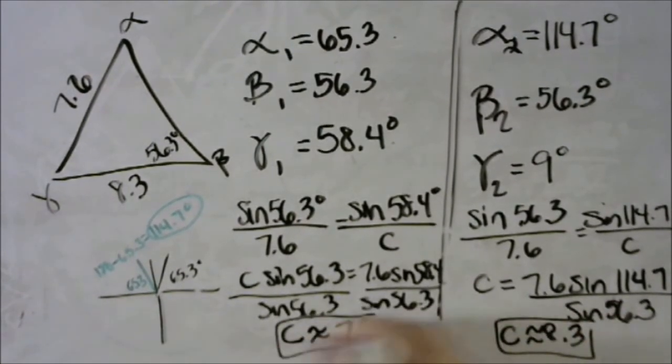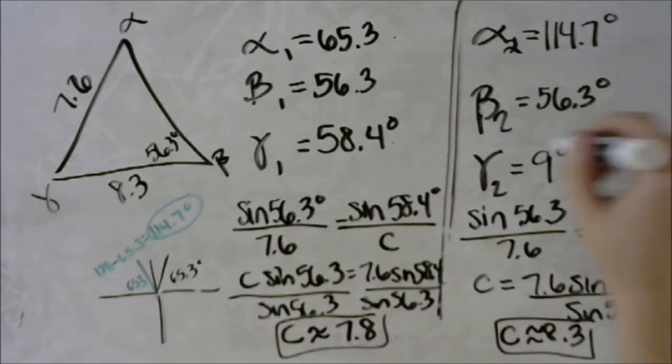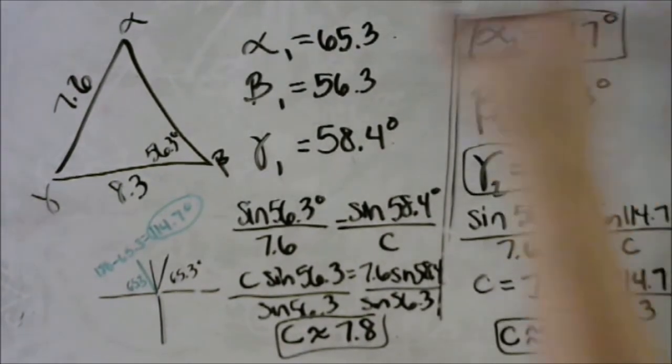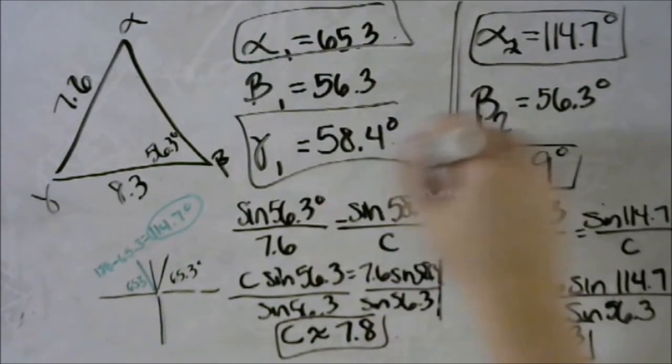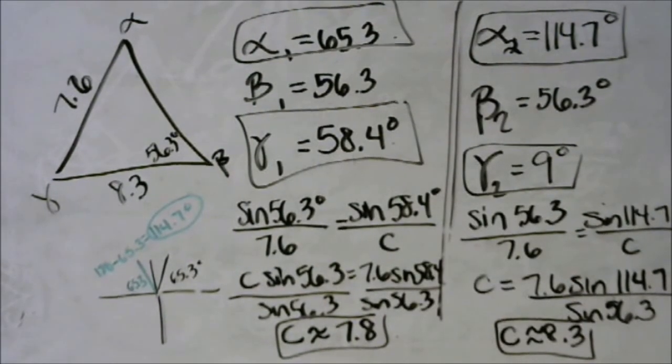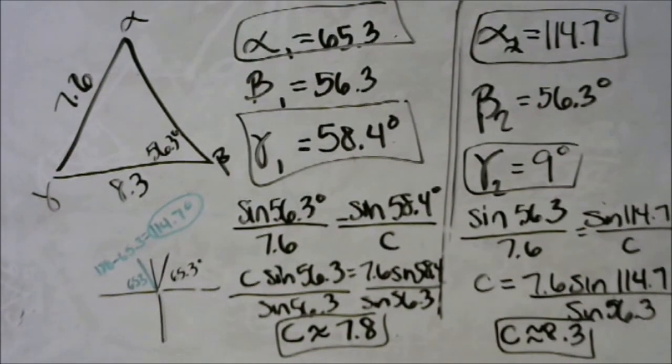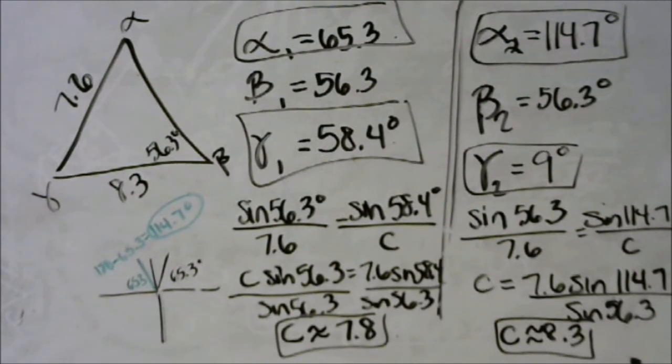And so we have successfully solved the triangle with both potential solutions. This is going to conclude the video notes for the law of sines. In the next half of the video notes, we're going to use the law of cosines to solve triangles with other given sets of information.